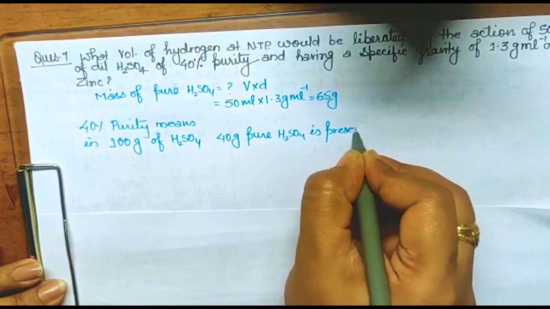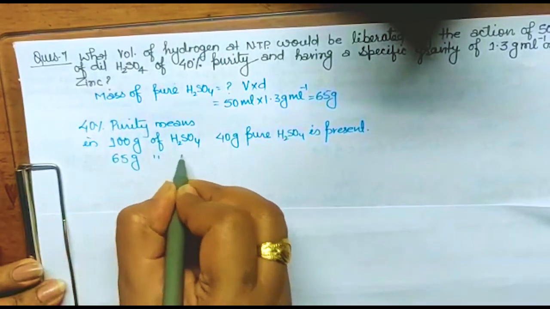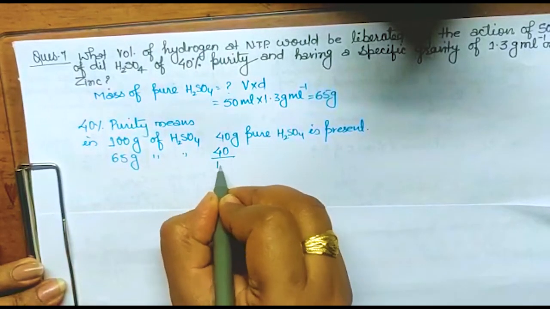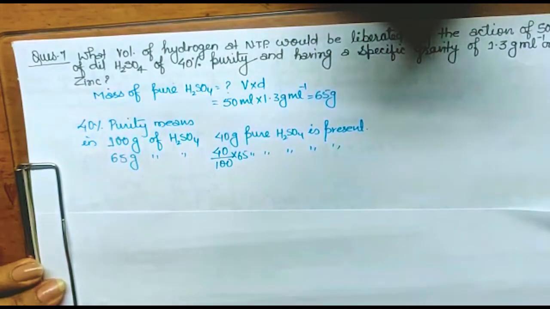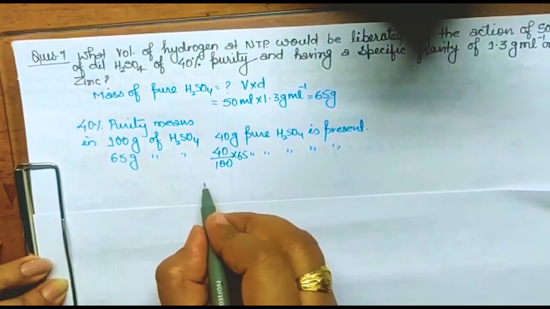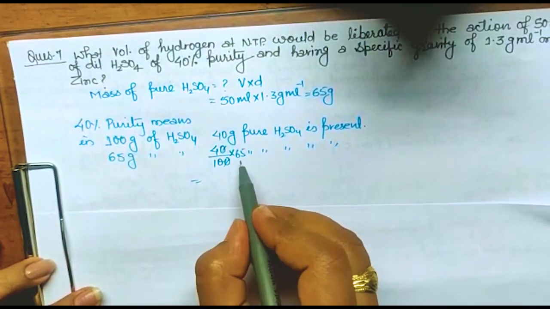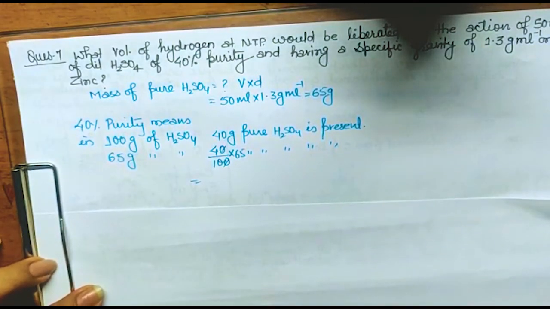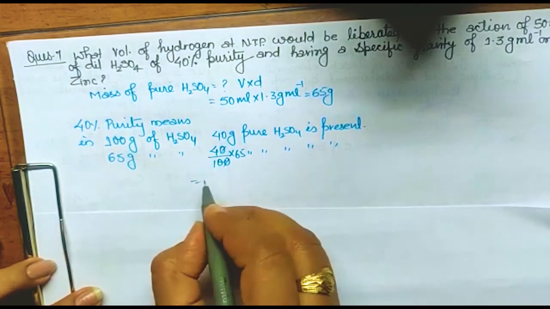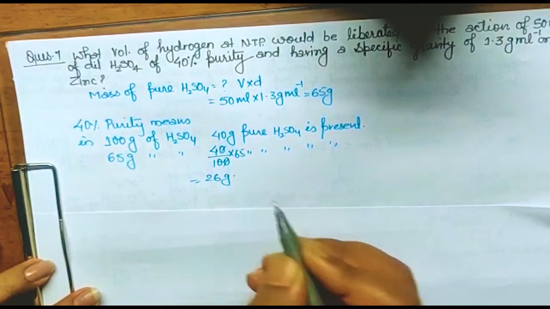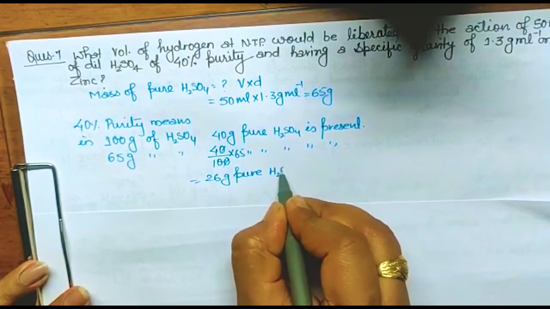Yes, so how much gram do we have? 65. So in 65 gram, how much pure will there be? We have to find 40 upon 100 into 65 gram of pure H2SO4. Yes, if you solve it, you will get 65 multiplied by this, or you can do 2.4. Yes, it is coming 26 gram. So you are having 26 gram of pure H2SO4.